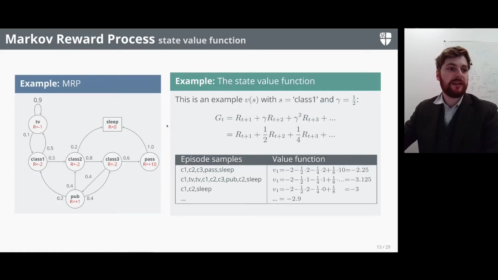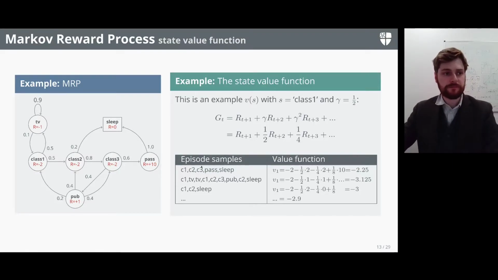So if we say gamma is equal to a half, so it's not necessarily immediate reward, not necessarily fully far-sighted reward, then we take our definition of the discounted return G_t and plug in a half. Now we have to sample lots of episodes, and we can then begin to compute the value of the return here.